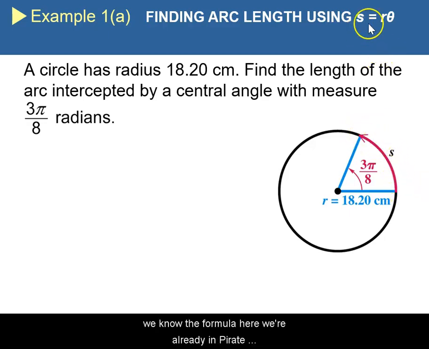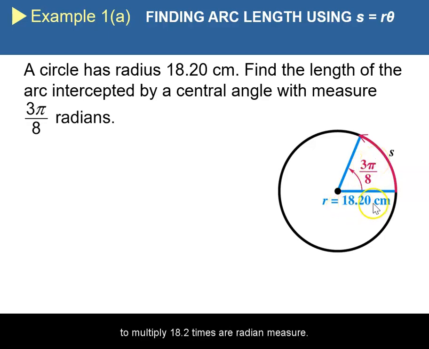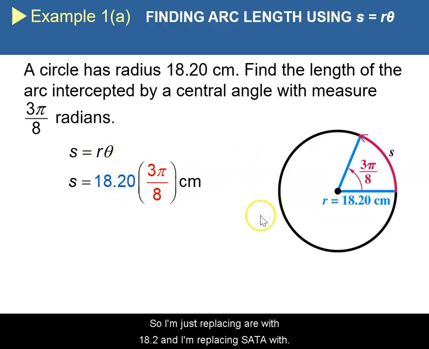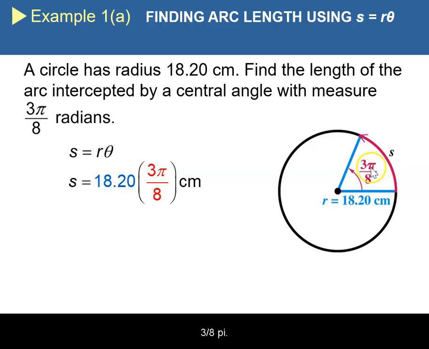So again, we know the formula here. We're already in pi, we're already in radian mode, so that's fine. We really just have to multiply 18.2 times our radian measure. So S equals R theta. I'm just replacing R with 18.2 and I'm replacing theta with 3/8 pi.